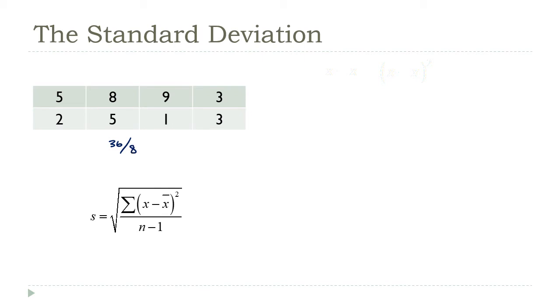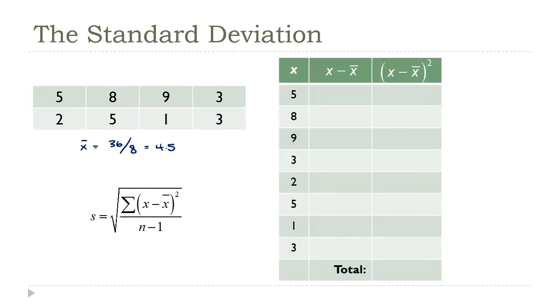So the mean, that's that x bar symbol, is 4.5. For the rest of the calculations, I like to organize everything into a table. You can see what I've done so far. I've organized all of the data values into that first column.